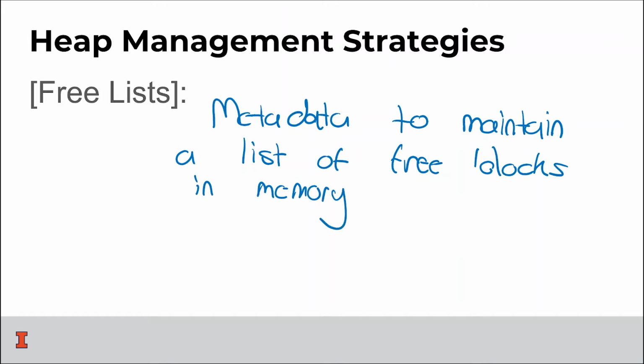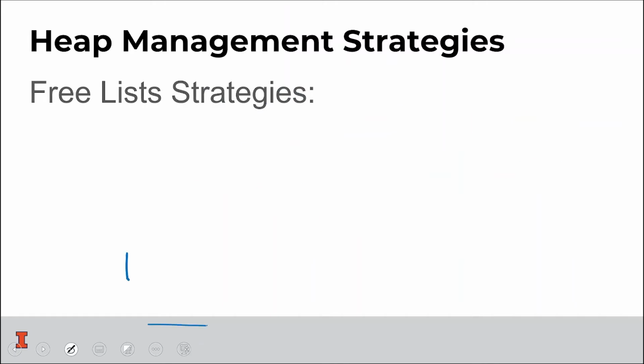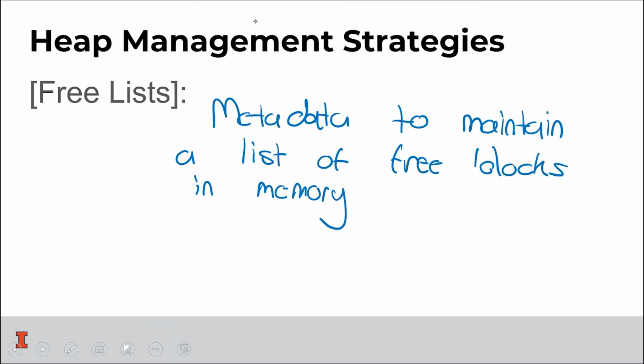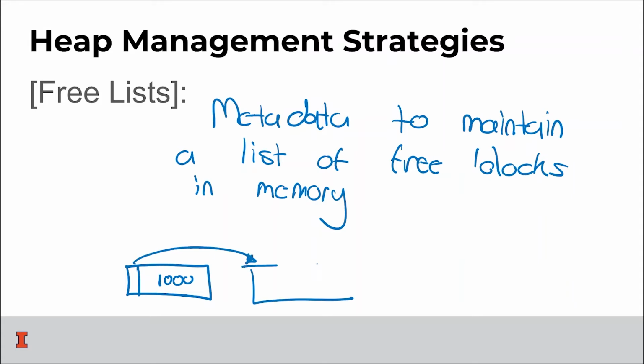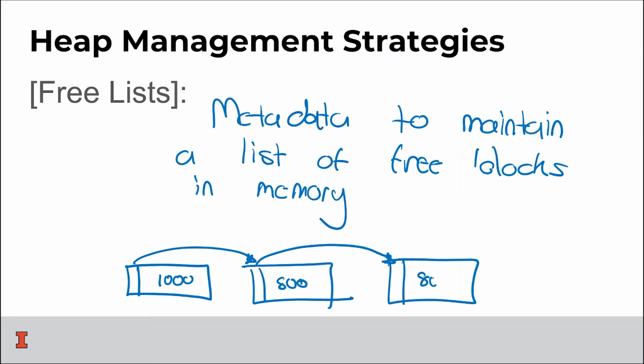So if we have holes in memory, we might have a chunk where this free block says I've got 1,000 bytes free, and the next free block might have 500 bytes free, and then the next free block might have 800 bytes free, and so on. And then I might have a free head pointer that points to the first element that's free. So I essentially have a linked list that spans through my memory connecting all of the free blocks.